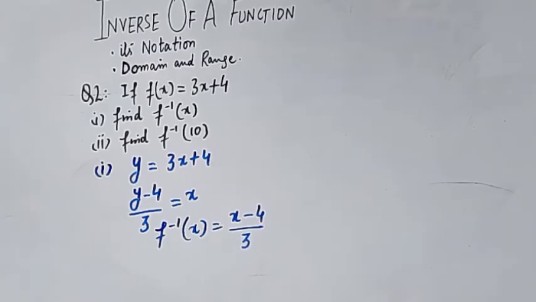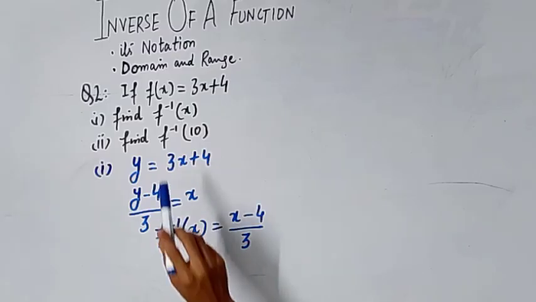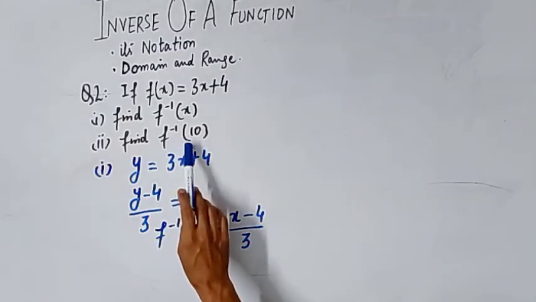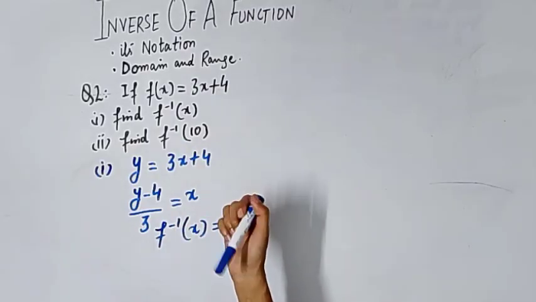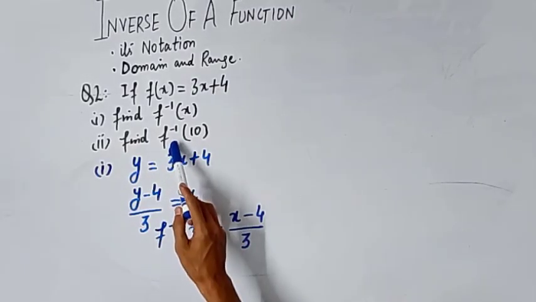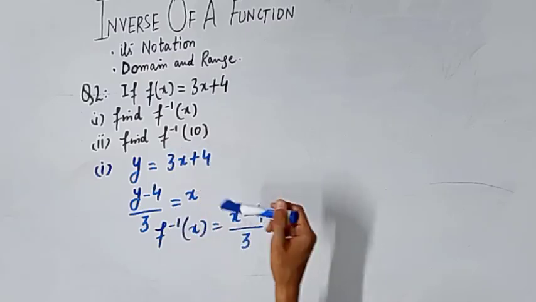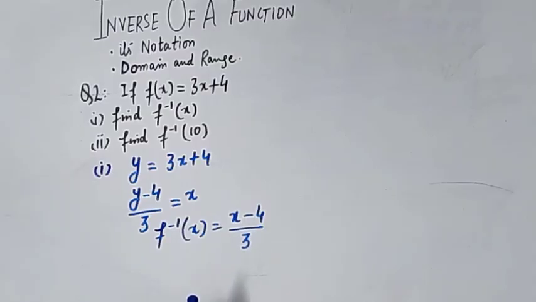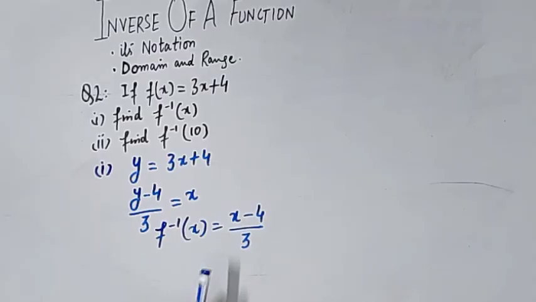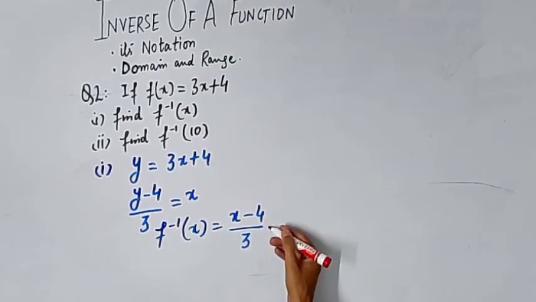Now in the second part it is written that you need to evaluate. We have already done this type of question in which we put in the input and get the output. It is written over here, find f inverse of 10. So what does it mean? In place of x you will put 10 in the inverse function equation.